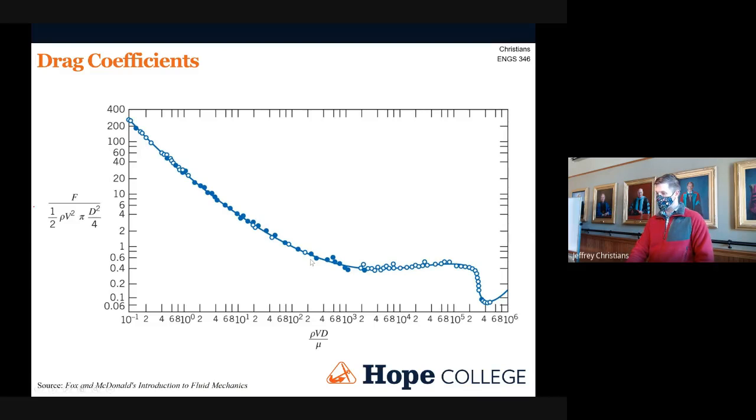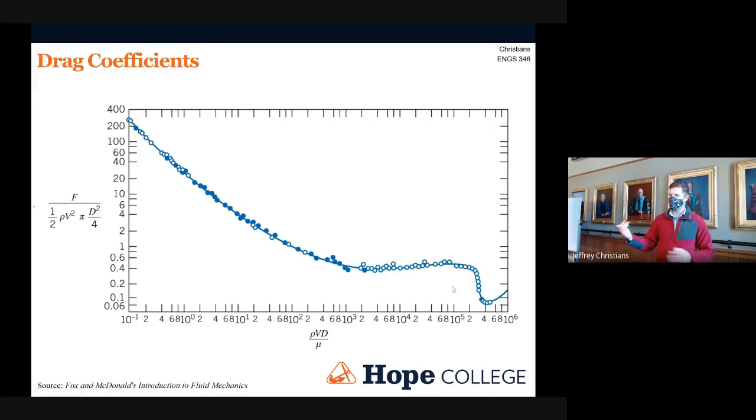But then we settle into this happy spot right here where we change Reynolds number by a factor of about 1,000, from 10 to the 3 all the way up to 10 to the 5, and the drag coefficient is flat through that entire range. Then we go above 2 times 10 to the 5, and all of a sudden it falls off a cliff and is totally different.